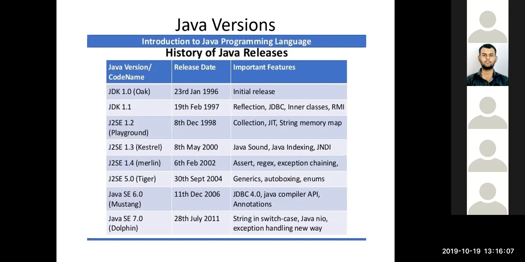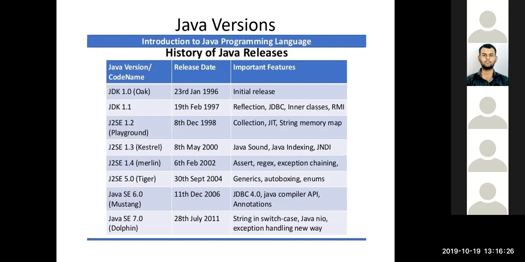From J2SE 1.4, Merlin, the assert keyword was introduced. Assert is a very important feature introduced in 1.4 to test your applications.